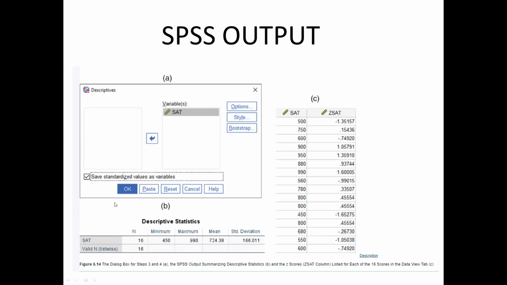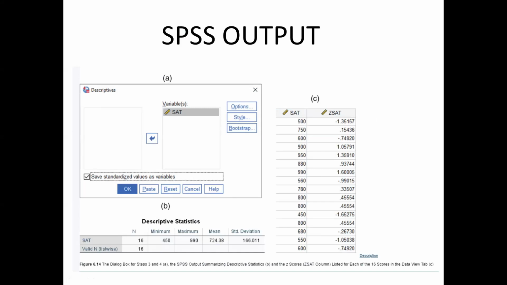If you look at B, it shows the sample size, which is N. It shows the minimum and maximum score. It shows the mean and the standard deviation. Then, because you clicked Save Standardized Values as Variables, SPSS creates an additional column of z-scores in the Data View tab.